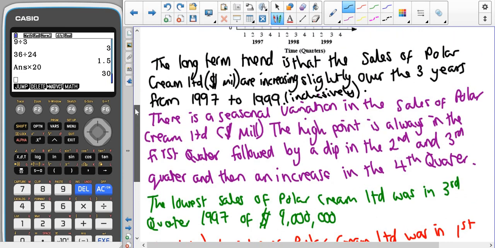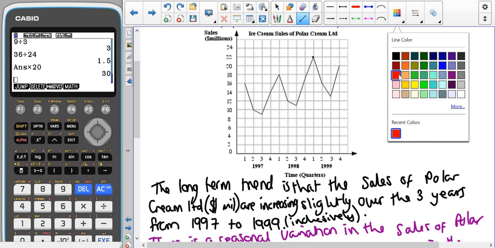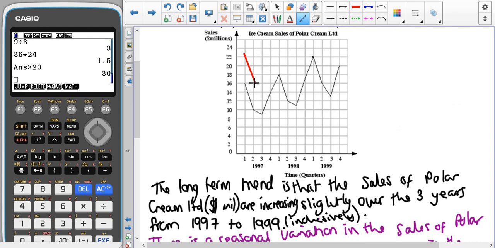So if, for instance, we had, I'm just going to draw on it, it's just going to be a rough representation of something. If we had, for instance, the sales of suntan lotion, then you would expect the sales of suntan lotion to follow a similar pattern.